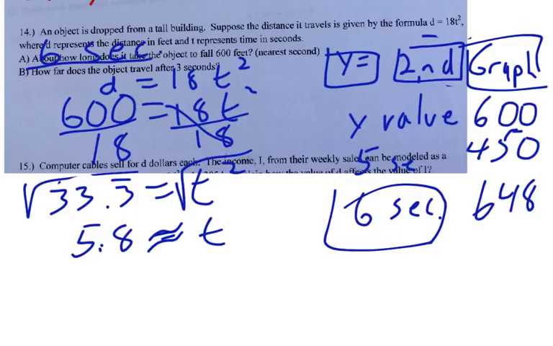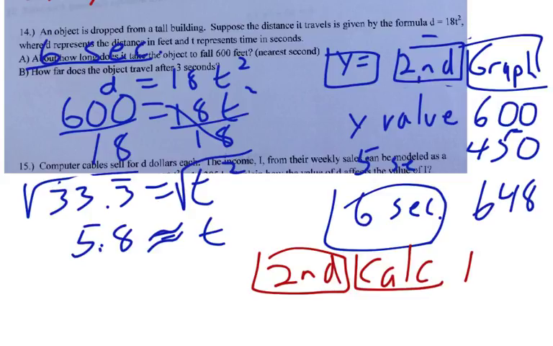All right, check out B with me. How far does it travel after 3 seconds? Using your calculator, you can just plug in 3 for t, just like we did on this last one. Or if you just want to rely on your calculator, hit second calc and then value, and value is 1. So second calc 1, as long as you can see your graph, this will work.